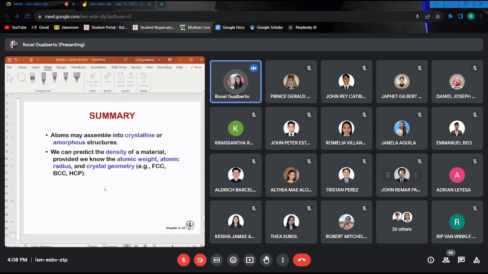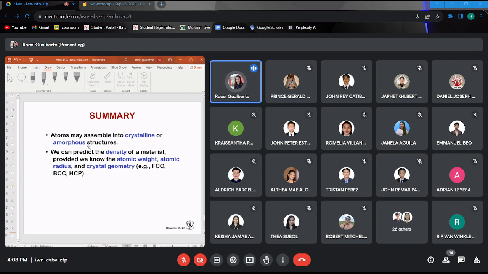Okay, so in summary for this module 2, okay, first, atoms may assemble into crystalline or amorphous structure. Okay, so again, kapag crystalline po, ito po yung mayroong distinct arrangement. Okay, ito po yung regular packing. Whereas this amorphous, these are the non-crystalline ones, or yun po yung may random packing.